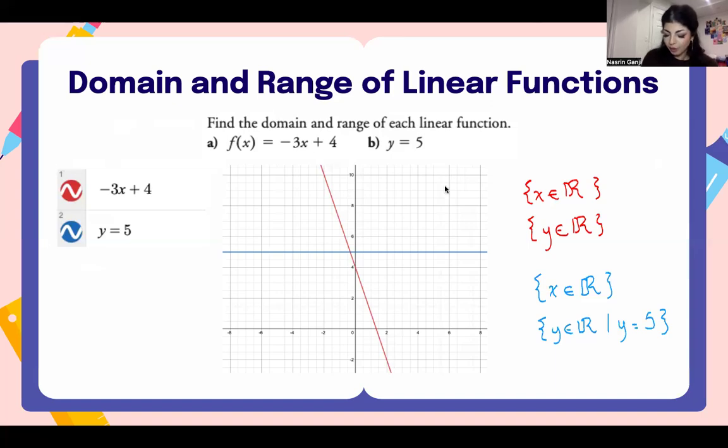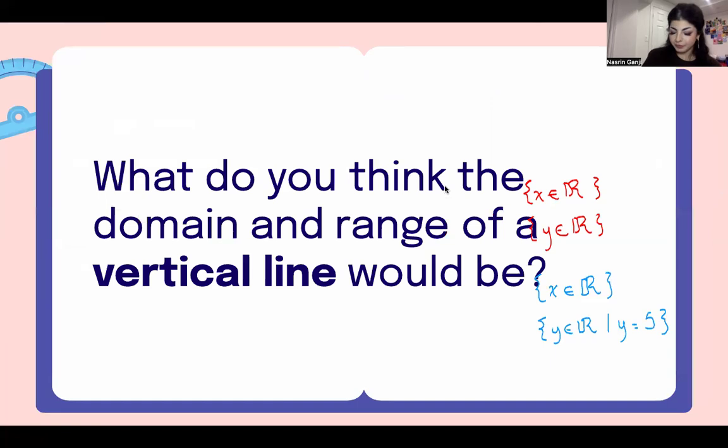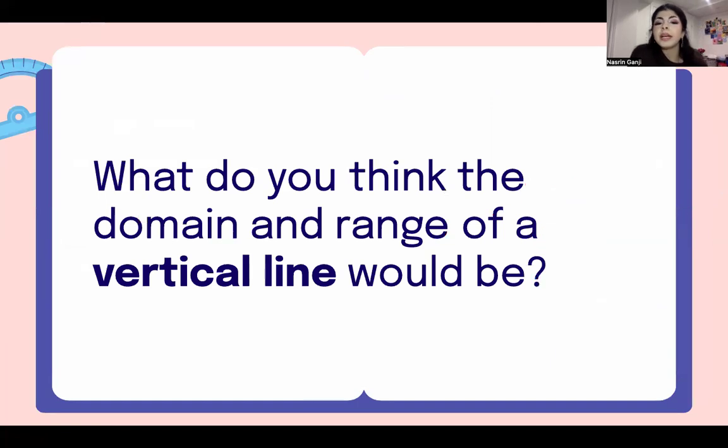So we saw now a horizontal line. What do you think the domain and range of a vertical line would be? So if I have my plane here, let's think of this vertical line here, which will be x equals 3.